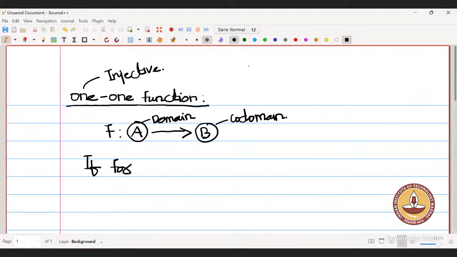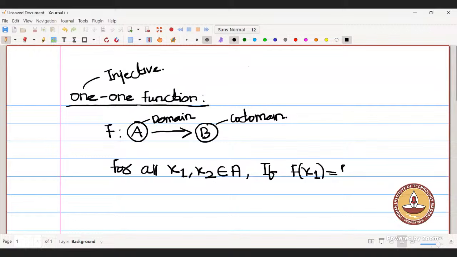for all x1 comma x2 in my domain, if f of x1 is equal to f of x2, then this should imply that x1 is equal to x2.